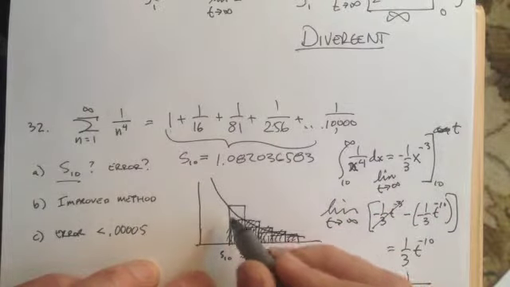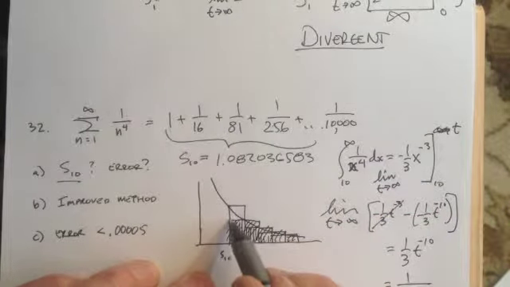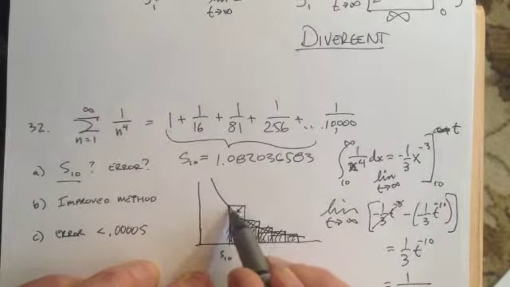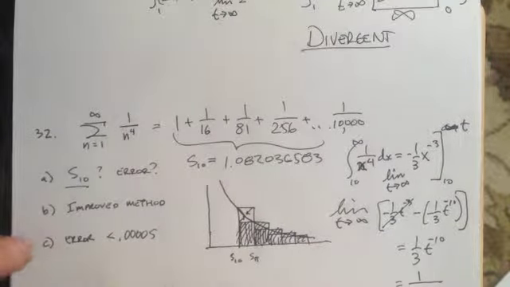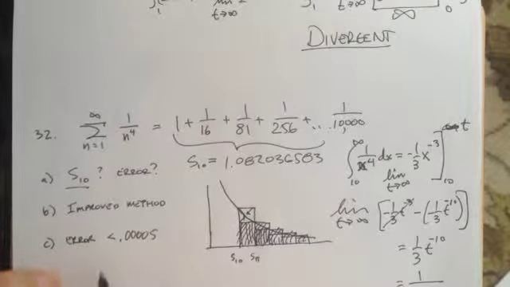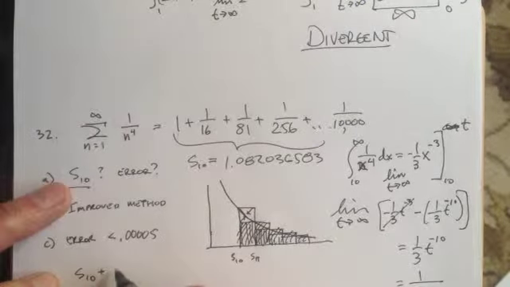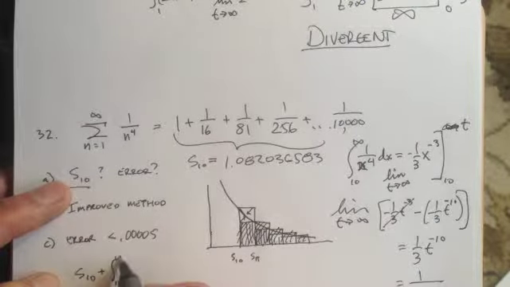By averaging these two, it's a little bit like we're splitting the difference. We're finding how far it is to this middle line. So the way we express this is, there's the sum that we got from S10, and then we add to that the integral from 11 out to infinity.